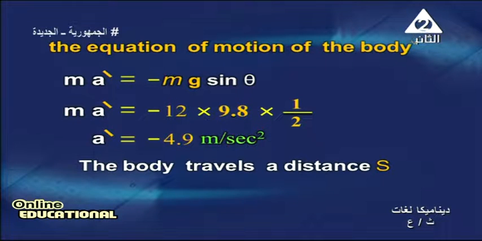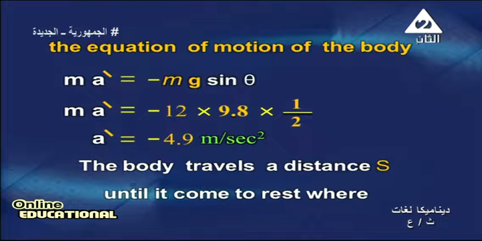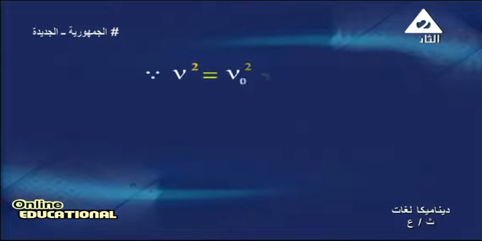The body travels a distance s meters until it comes to rest, where v squared equals v naught squared plus 2 a dash s.